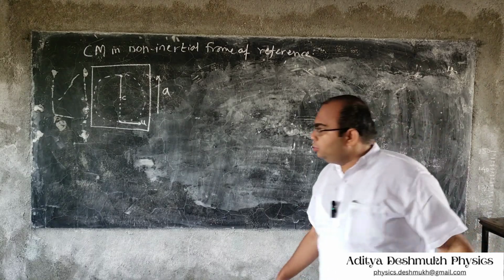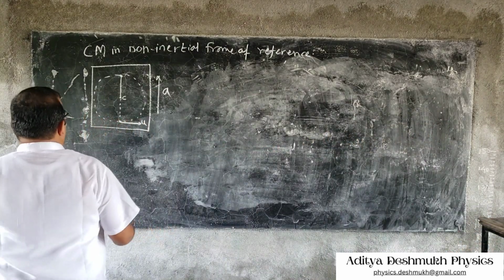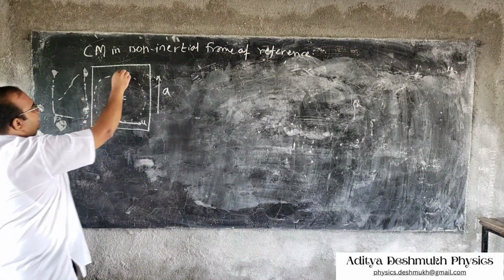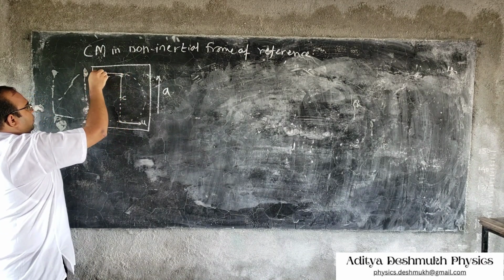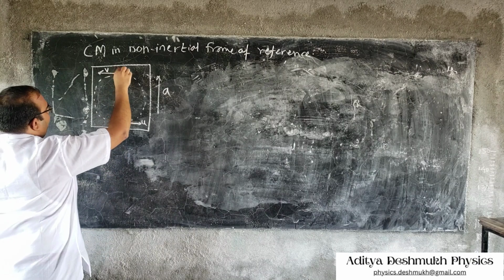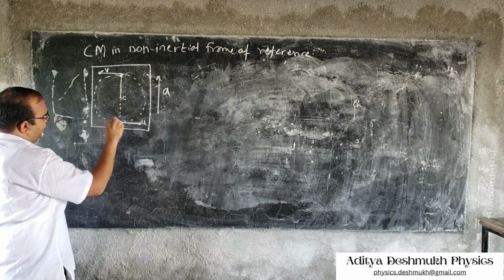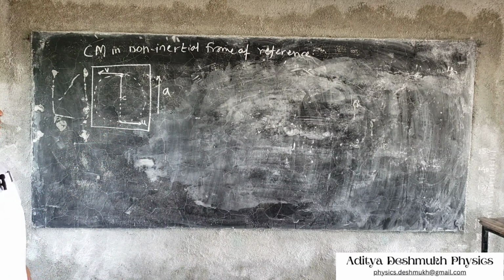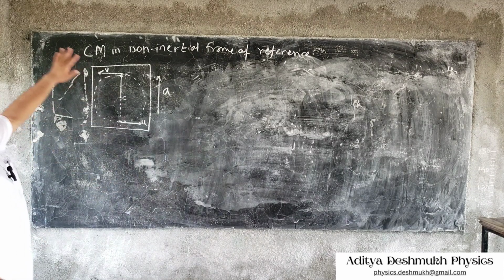So what will we have to do? If this is u, and at the topmost position our velocity is v, and we know that T is equal to 0 here, and T is equal to 6 mg here in the inertial frame of reference. The analysis will be the same.